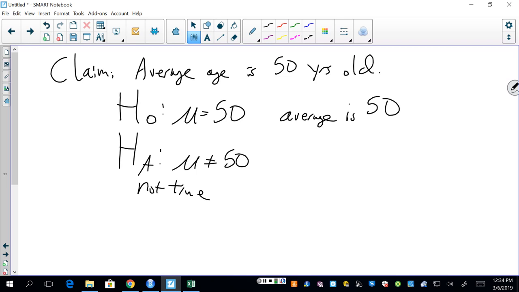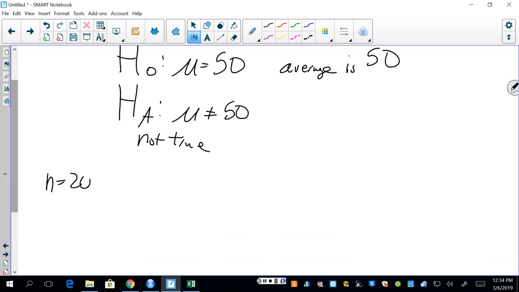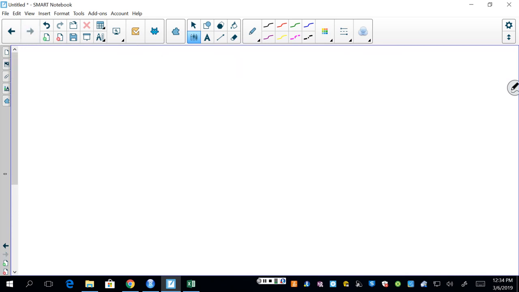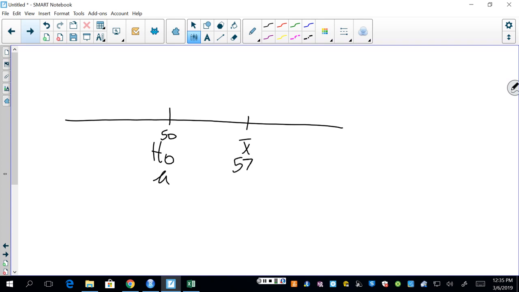So we've observed, based on these 200 people, an average of 57.55 years. Based on that value, should we reject the null hypothesis and conclude that 50 is really wrong? That it's different, more like 57 and a half? Well, put it on a number line. Here's 50, our null hypothesis value for mu, and we've observed x bar of 57.55.